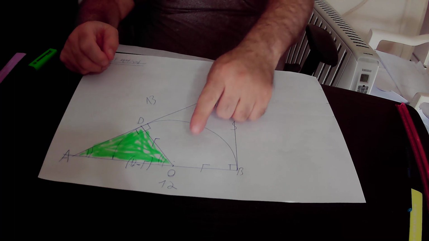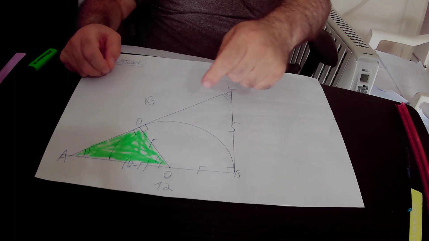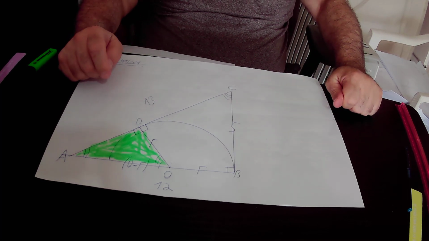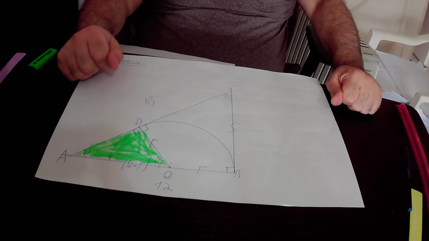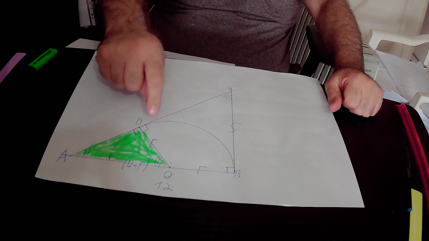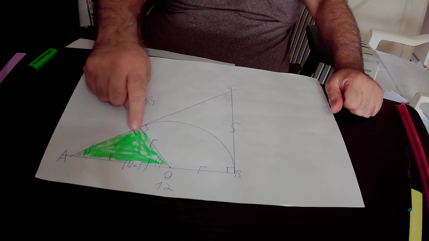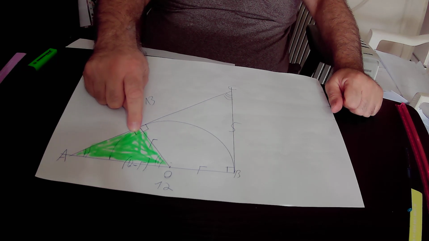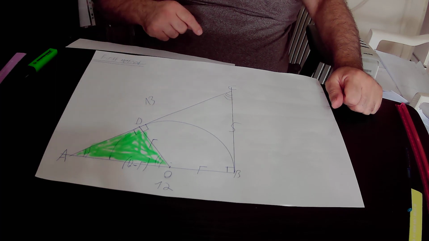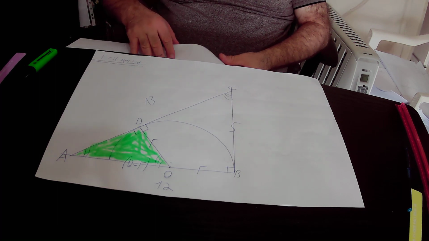And we have the radius OD drawn to point D. Therefore, according to rule number 1, the tangent CA is perpendicular to this radius. That is to say, this angle equals 90 degrees and this angle equals 90 degrees. And because this angle is a right angle, the green triangle, triangle ADO, is a right triangle. Then we proved that triangle ABC is similar to the green triangle, triangle ADO.